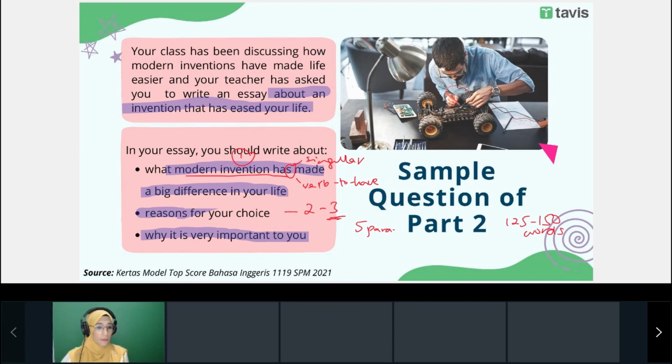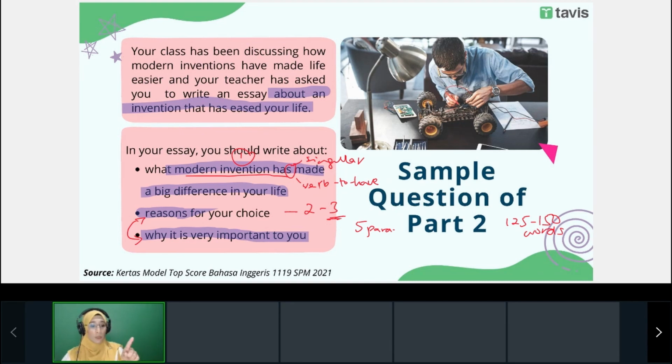But take a look at this. Why it is very important. So where can we have this in our paragraphs? It's together with the reasons. Once you have come up with reasons for your choice, you have to mention why it is important to you also.